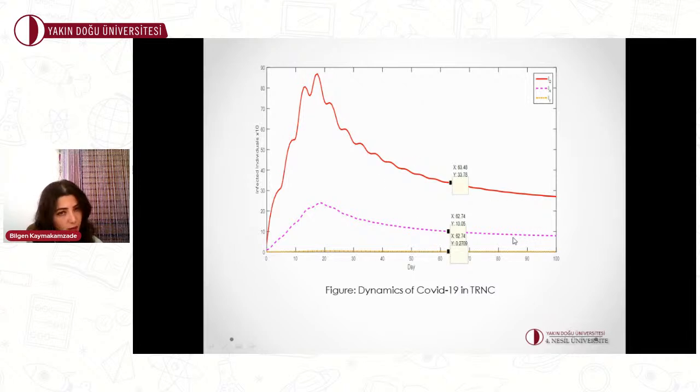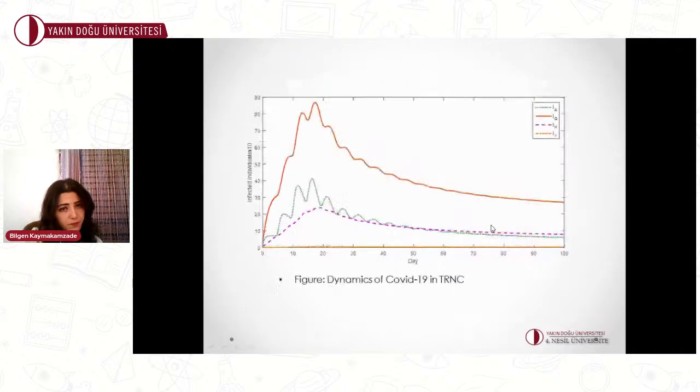We can see that during these days we have about the same number of infected individuals in our country. And here we want to see the asymptomatic individuals. If we check the gray part, we can see that we have asymptomatic infected persons as well.